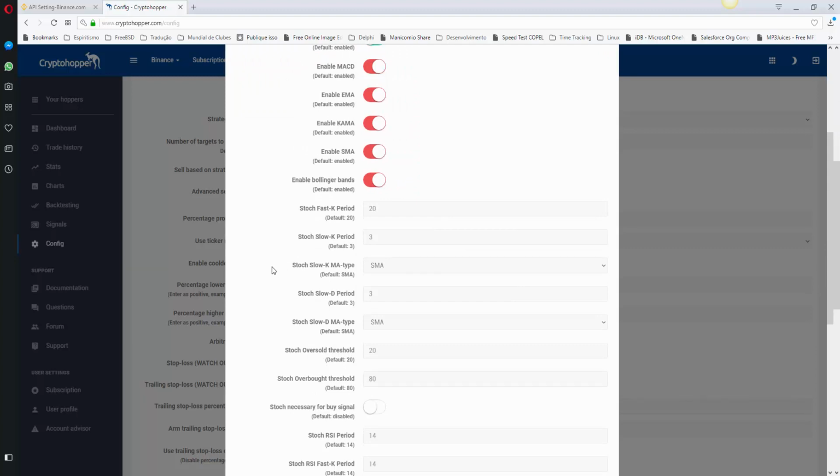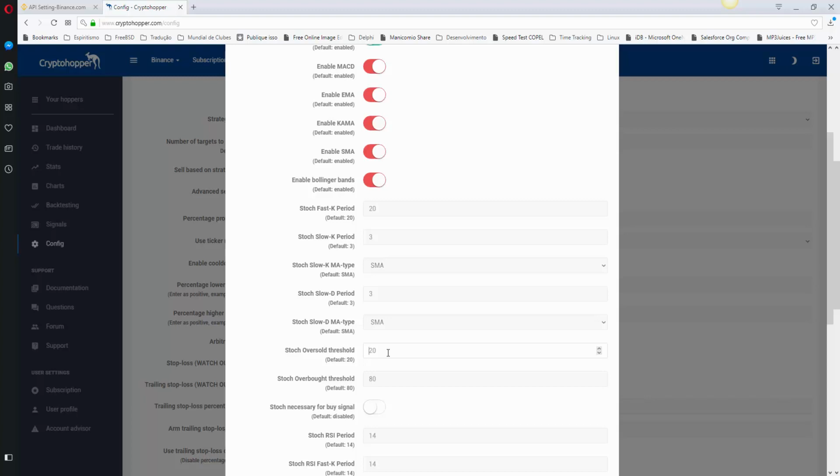Here we have the oversold and overbought thresholds. As my understanding, I may not be correct, sorry about that, oversold indicates how much percent of the normal coin volume is still not sold. And by default, they understand that 20% is a good point for you to start buying.